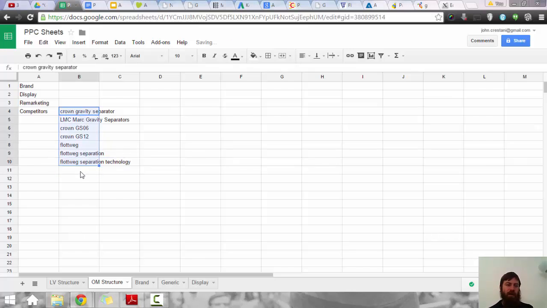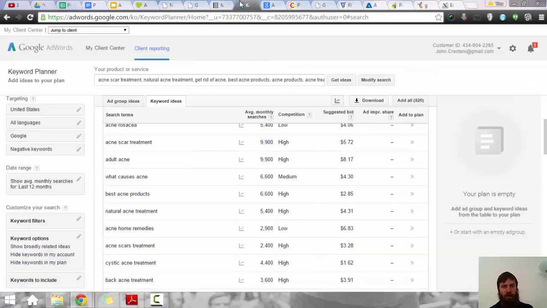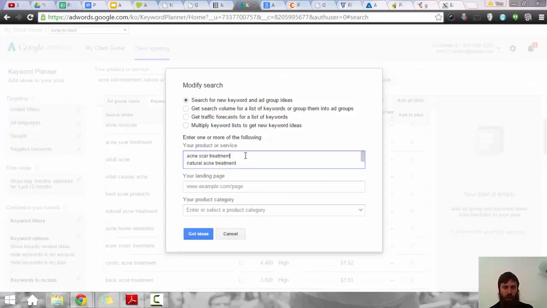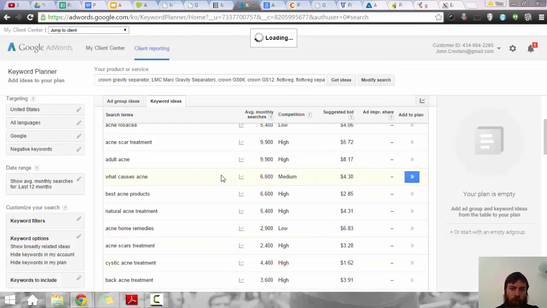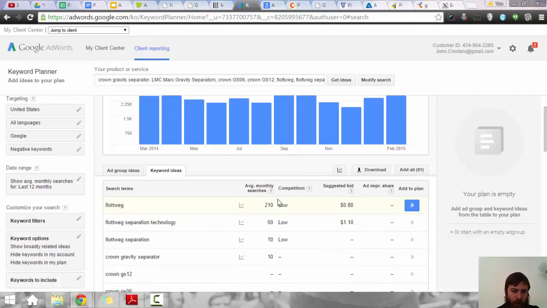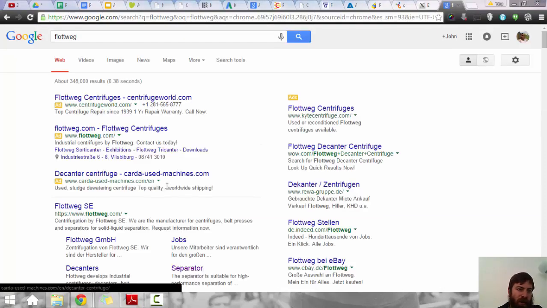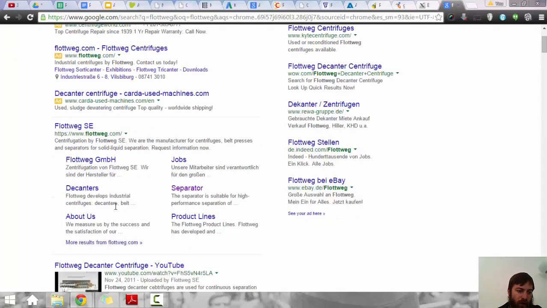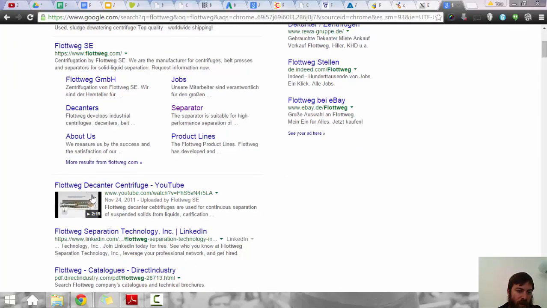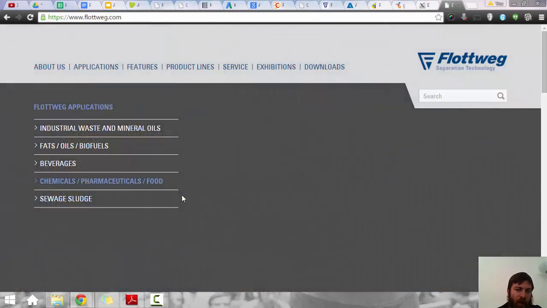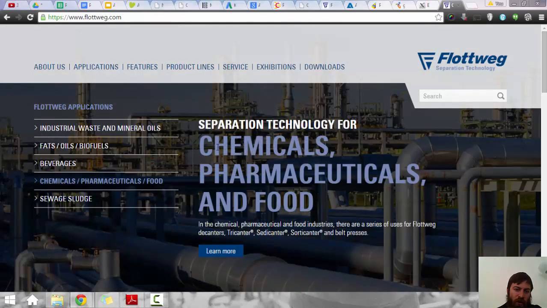Now, just to see if there's any search volume for this, we'll modify search, copy all these terms in here, and see. Okay, we're seeing some stuff for Flottweg. Now let's search that and actually see if Flottweg shows up for Flottweg. Sometimes Flottweg might be a generic term to describe something in Scandinavian or whatever.